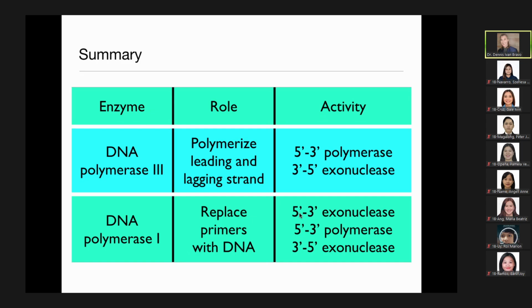How? By a 5' to 3' exonuclease activity. This is different from this. Then it replaces the primers with DNA via the same polymerase activity as this one. And just like DNA polymerase 3, it also has a proofreading function to ensure fidelity of replication.